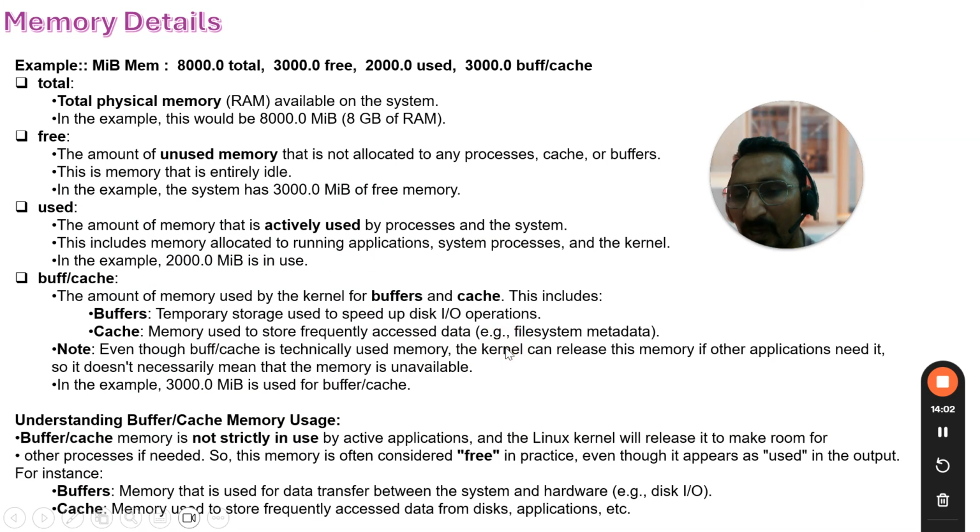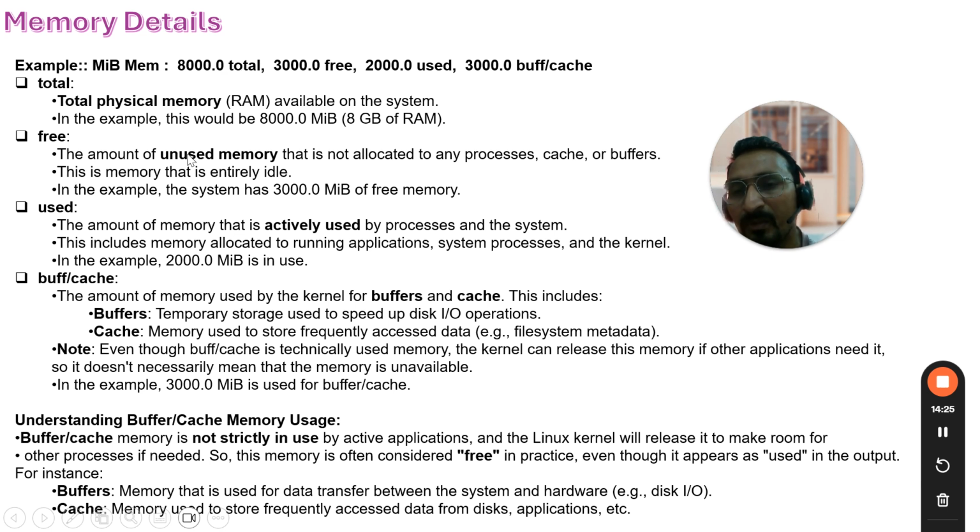Okay, so in memory utilization, there is total, free, used, buffer and cache. Each has some indication, right? So total means how much is your total memory on your machine. As per this example, it indicates a total of 8 GB of space is there on my machine, right?